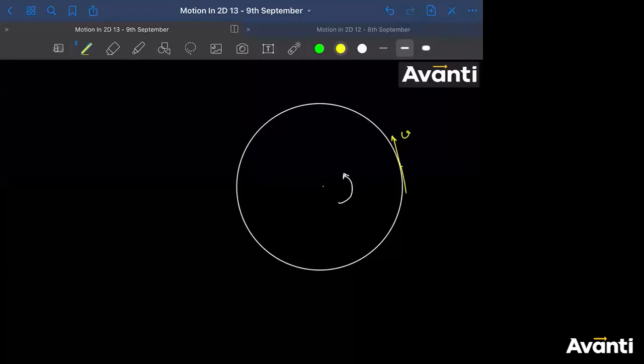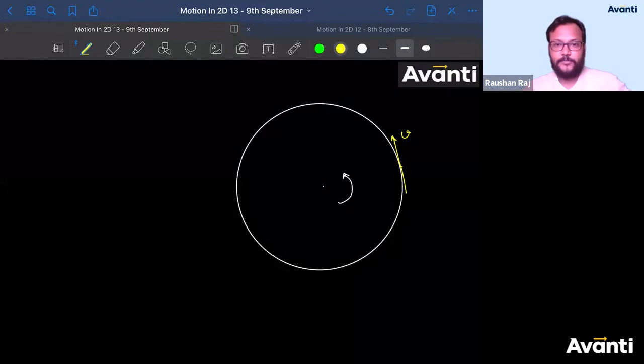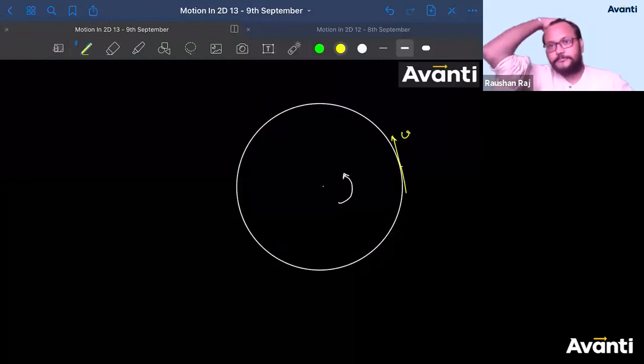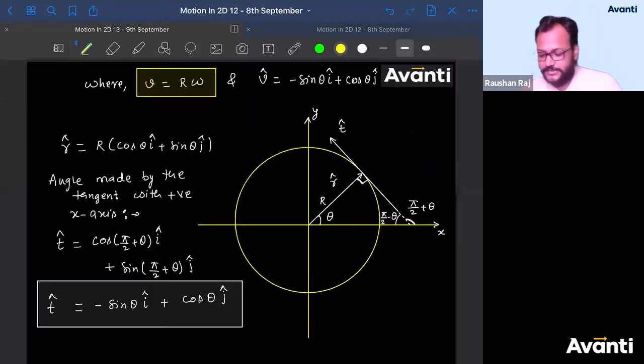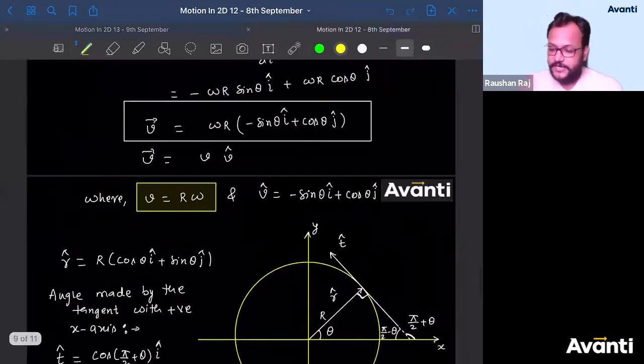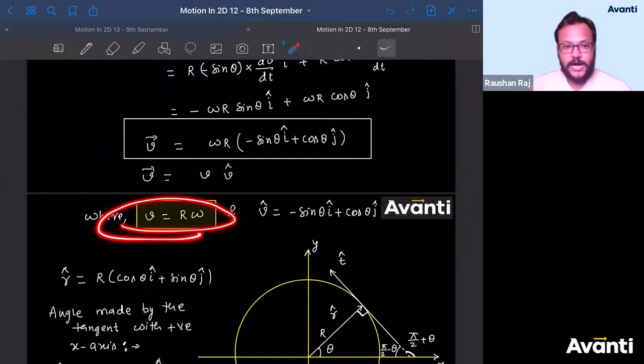So we have studied what is the relation between the magnitude of angular velocity and magnitude of linear velocity, right? Tell me guys, what is the relation between magnitude of linear velocity and magnitude of angular velocity? If you recall last class, we have studied that V will be equal to R omega.